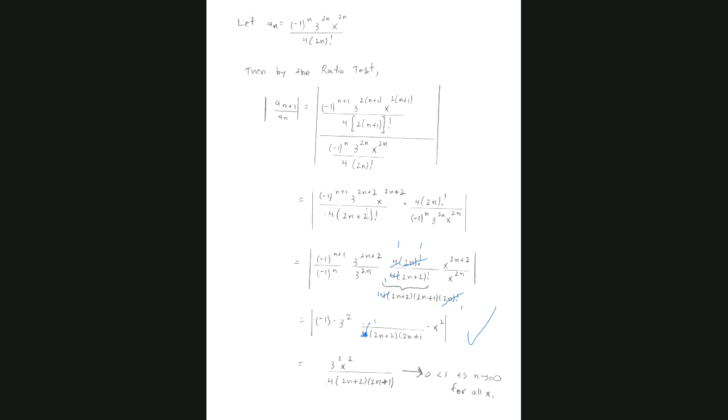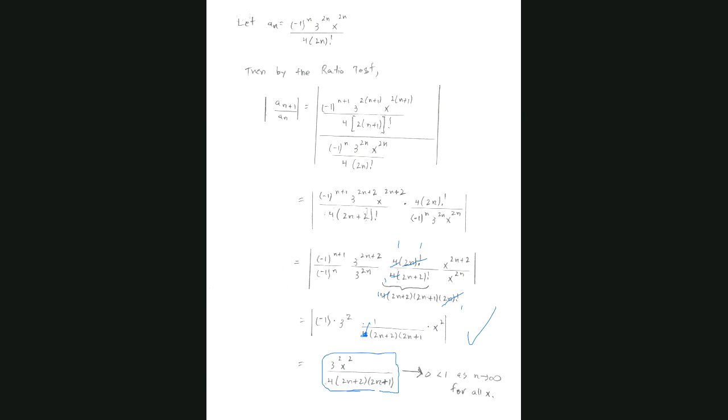So now we take the limit of this as n goes to infinity, and no matter what x is, as n increases, the denominator is going to infinity on our ratio. So no matter what x is, even if x is a billion, it doesn't matter. As n goes to infinity, the denominator is going to get larger, and so the ratio is going to approach 0, which is always less than 1.